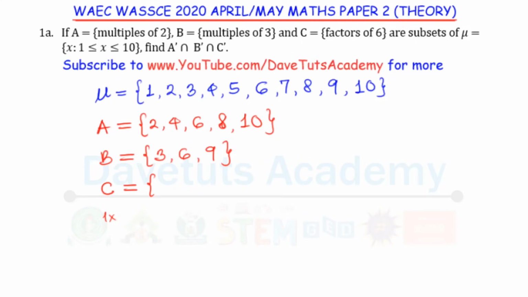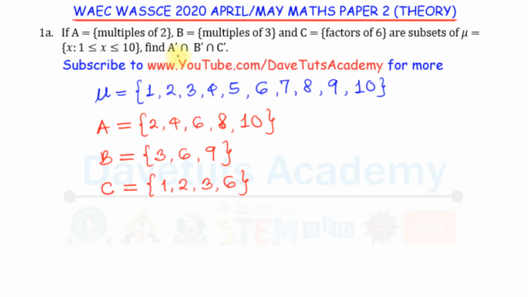If we arrange them sequentially, we have 1, 2, 3, and 6, in which 1 times 6 or 6 times 1 are factors of 6, and 2 times 3 or 3 times 2 are also factors of 6. So we've been able to define our sets as we are asked to do.